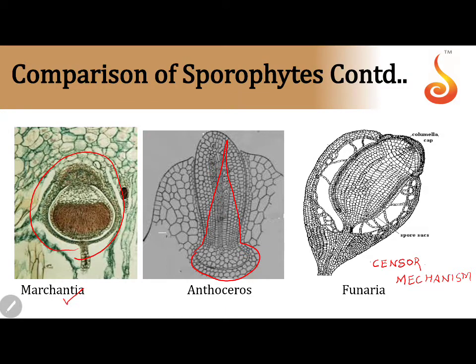When students read this, many get a doubt on what is peristome, what are the teeth number, correct? To address those, I have a good picture of the original capsule and how they disperse and why it is called censor.